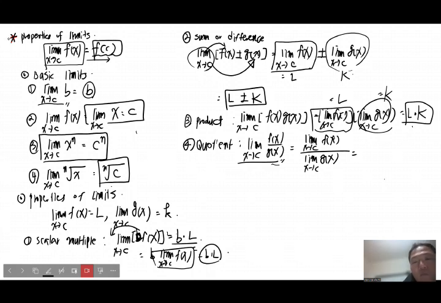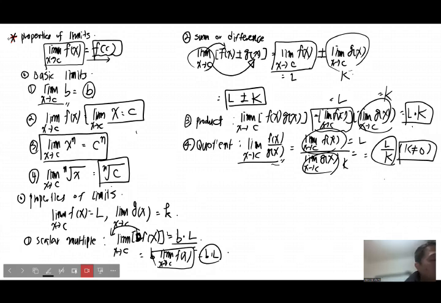So the numerator and denominator can be expressed with L and K. So that should be L over K. Here K should not be equal to 0. Otherwise, if K is 0, then that makes this value go to infinity. Number 5, power rule.